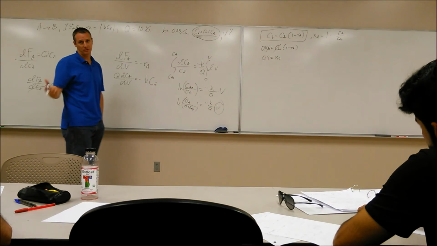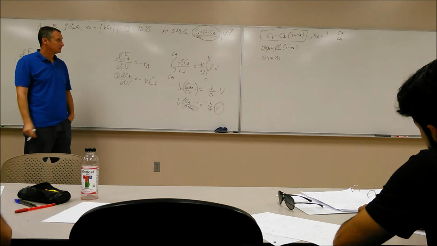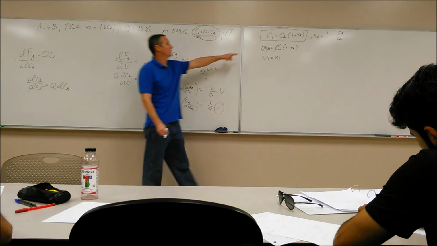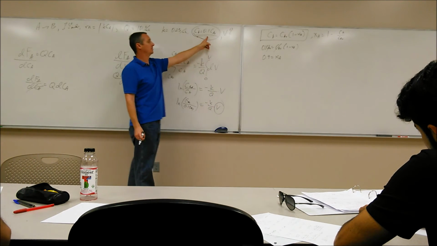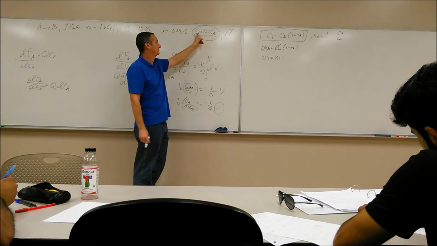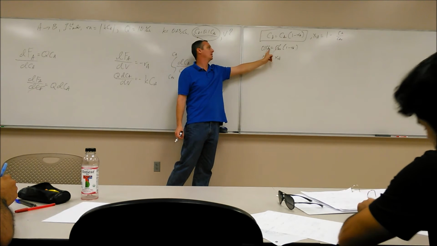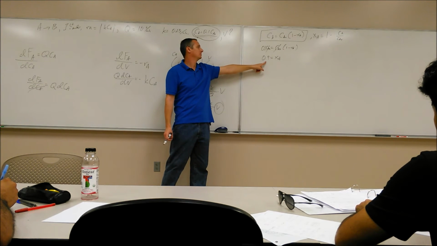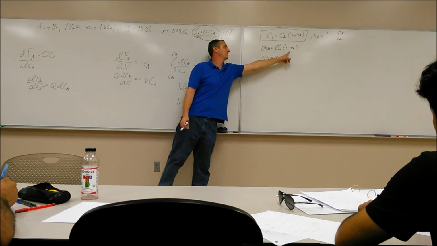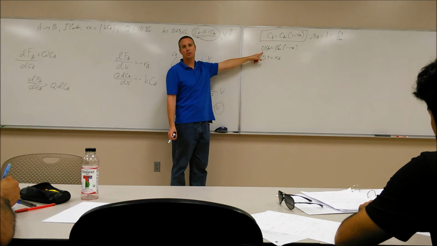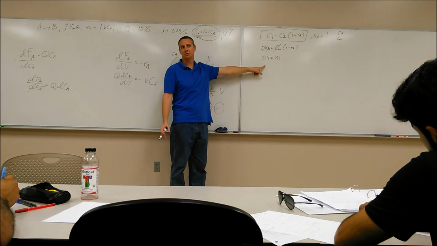You could do that step first if you wanted to. I took this equation, I plugged this into it. Where CA is, I put 0.1 CA naught. Both of them have a CA naught right there, I canceled them out. And I went ahead and did the algebra. 1 minus XA equals 0.1. XA has to equal 0.9, right?